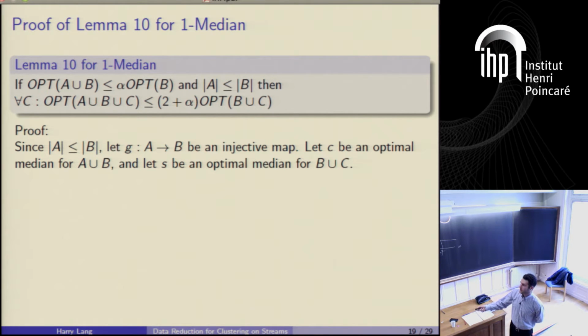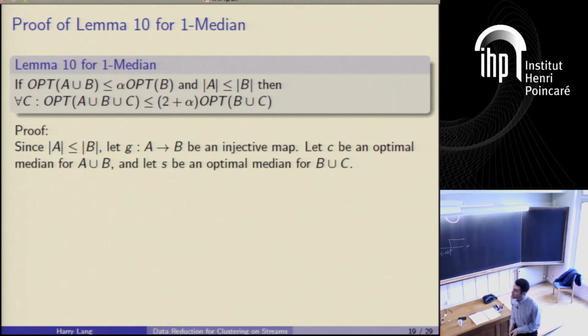Since that's true, there's some injective map from A to B, because B is bigger. So just pick any injective map. It doesn't matter which one. And let C be, so I should specify lowercase c, let that be the optimal median for A union B. And let S be the optimal median for B union C. So you can think of your stream like this.